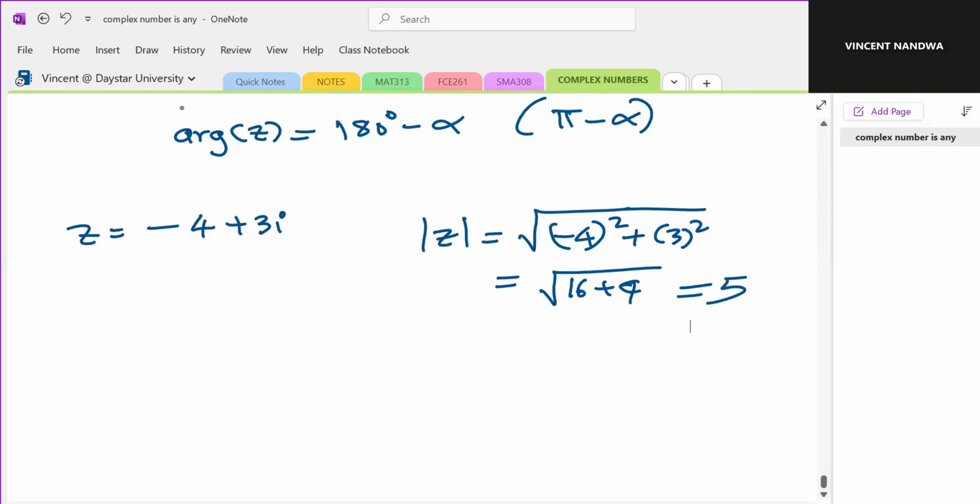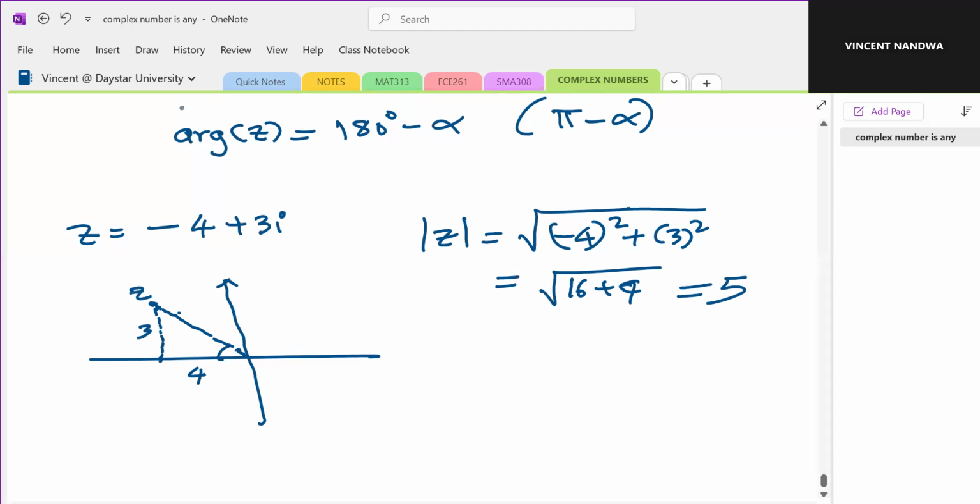Then to get the argument of this number, the first thing is that you need to sketch. And when you sketch, you realize that this number will be in this quadrant, whereby along the X, we have 4 units to the left. Along the Y, we have 3 units on the Y-axis. So this way I'll put this Z.